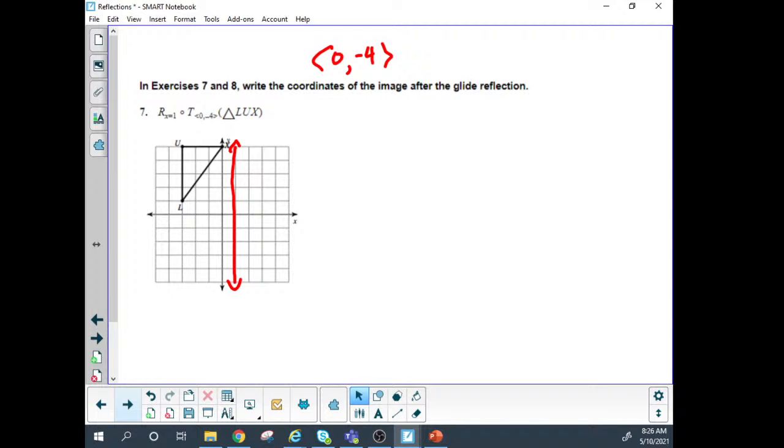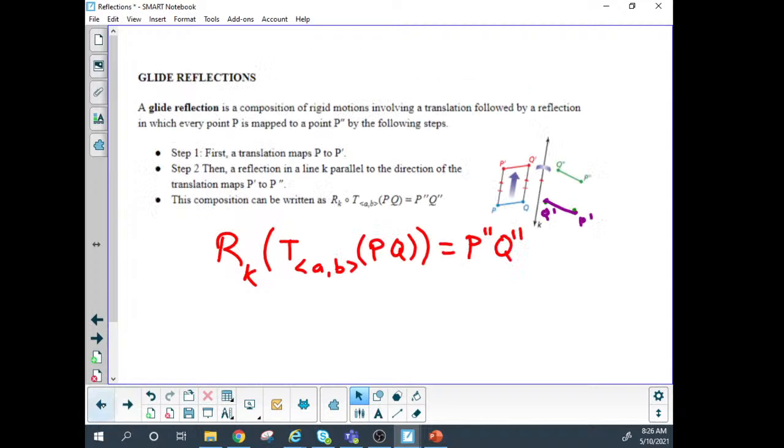So I was thinking if you had a line like this and an object right here, if you flipped it and then moved it up, it would be different from if you moved it up and then flipped it. Nice. Yeah, that statement is not always true. What makes it always true is that we are translating it parallel to the line of reflection. So that's what needs to be true, right?